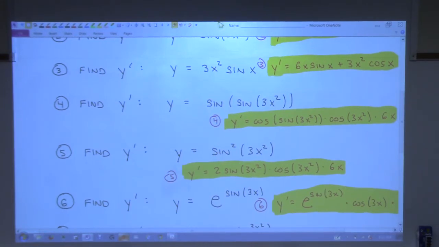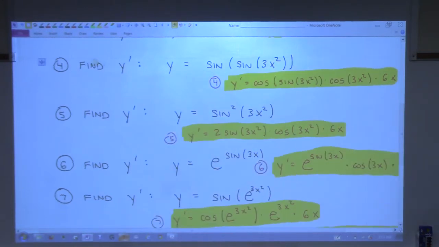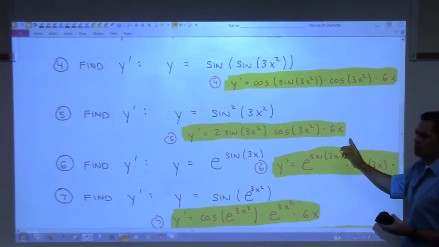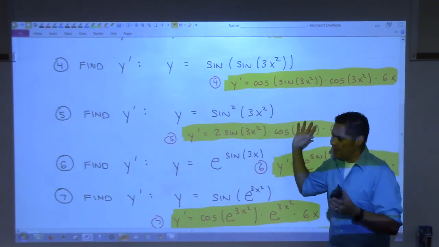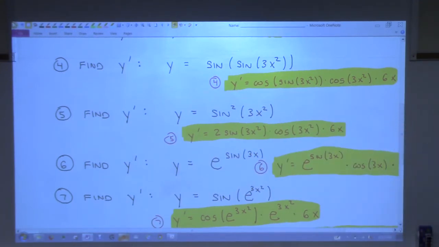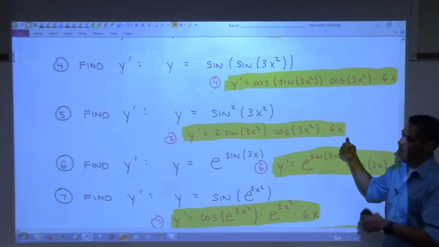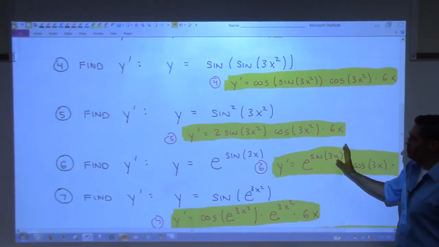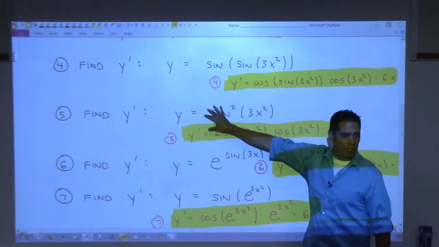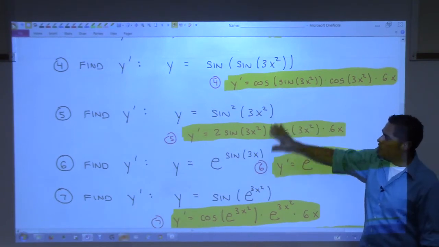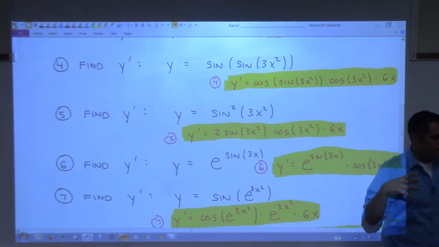Yes? On number 5, is it okay, because you have 2 times 6? Oh, yeah, 12x. 12, yes. That's just arithmetic. I left it like this because I wanted to talk through it and see where everything came from, right? So this one is also chain rule. With chain rule, we have to figure out what the outer function is.